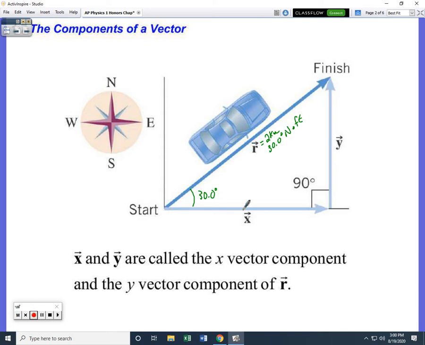In this case, X would be how far east they traveled, and Y over here would be how far north they traveled. So in other words, take this one vector and break it apart into the pieces that are in these cardinal directions, or maybe horizontal and vertical. It's going to be very useful for some of the stuff we'll do.